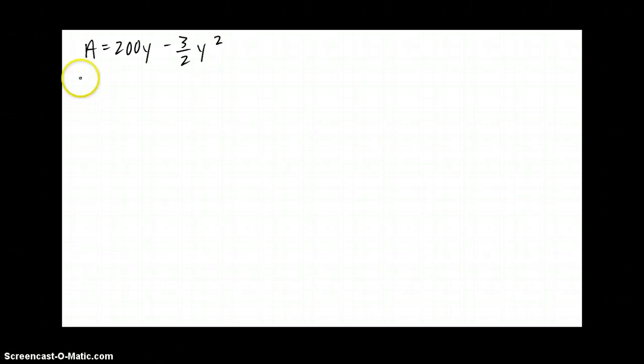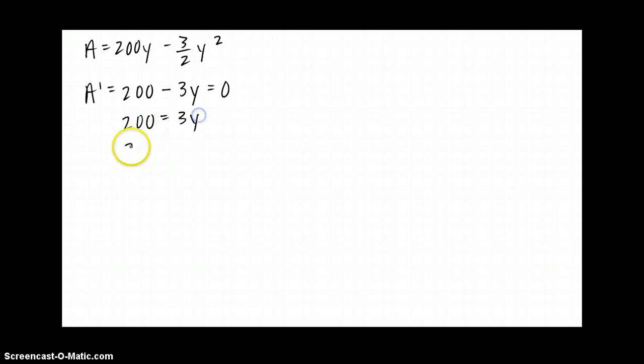Okay, so find the derivative of this equation. 200 minus 3Y. Find the critical numbers. 200 equals 3Y. So 200 divided by 3 would be Y. We're talking about dimensions for area here. So again, when I look at my number line, I can't have any values less than 0.